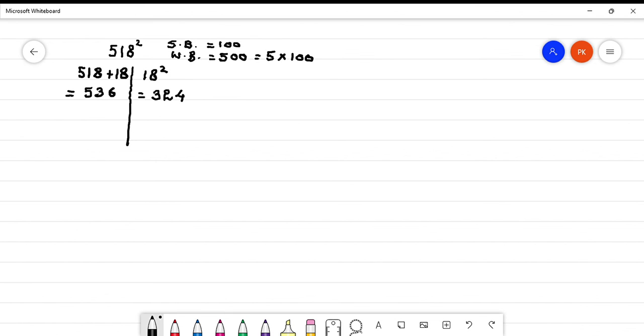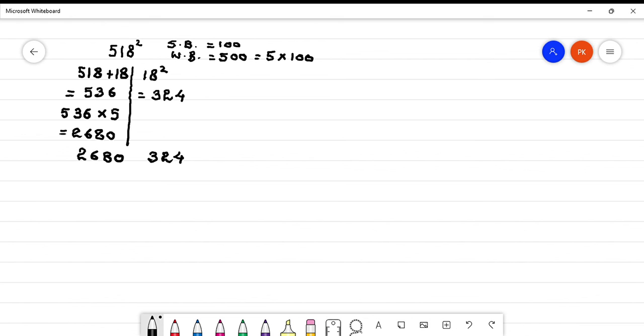Now since the working base is 5 times, I will multiply 536 by 5. So 536 by 5, that is 2680. So on the left side of the partition, write 2680, right hand side 324.